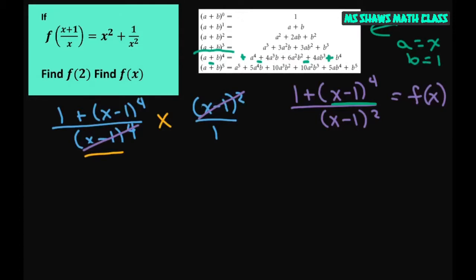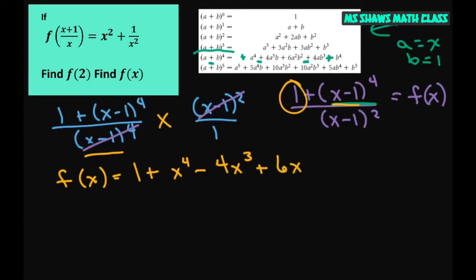So all you have to do to expand this is we're going to write f of x equals 1 plus, now to expand this, this is going to be x to the fourth, and then we do minus, because we do plus, minus, plus, minus. I'm using my 1 first, minus 4x cubed plus 6x squared, we don't have to worry about the 1 because you're just multiplying by 1, minus 4x plus 1.